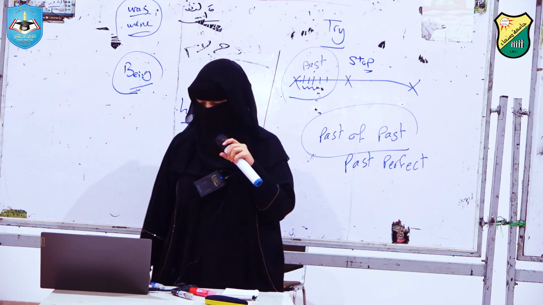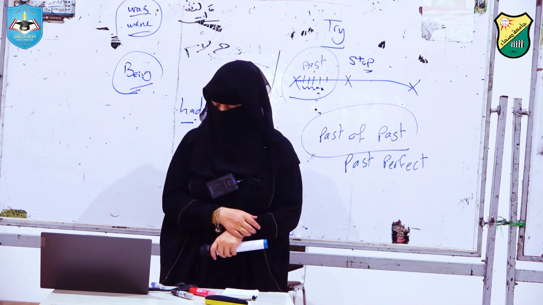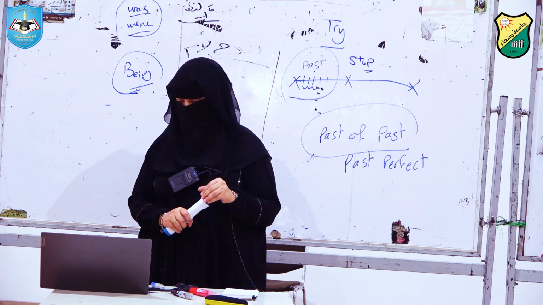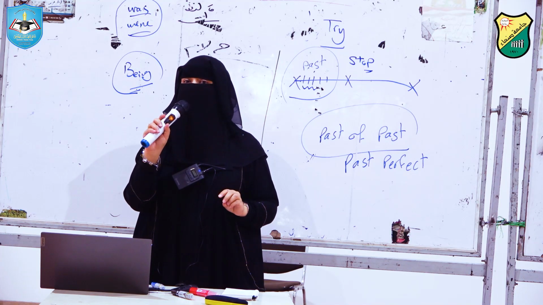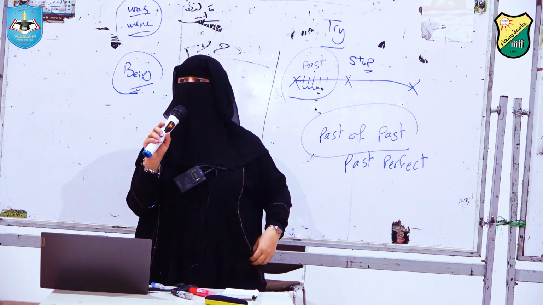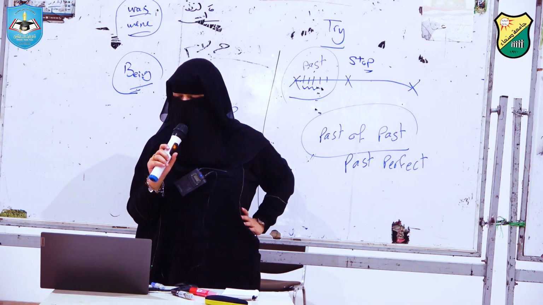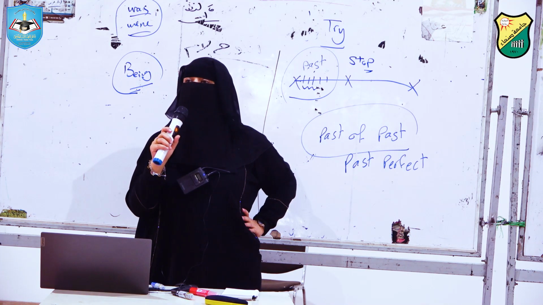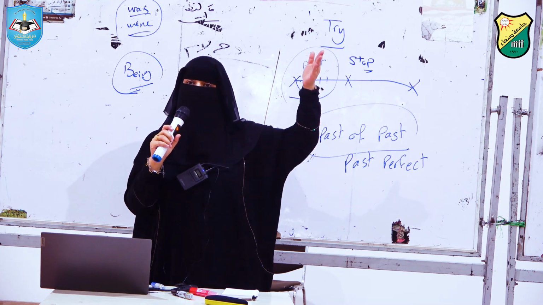Number 1. The if conditional, I'll take it because it's also important. What would you do? Okay, you have: if you were at the Ministry of Education for a month, what would you do? Why would? Because I have past.